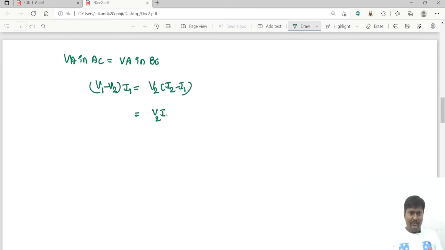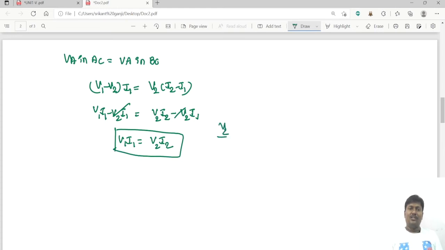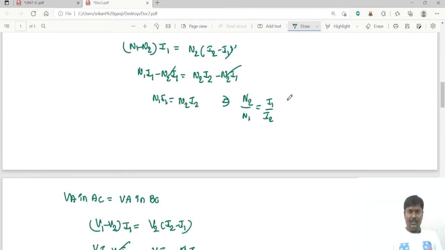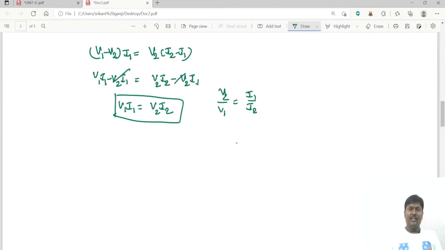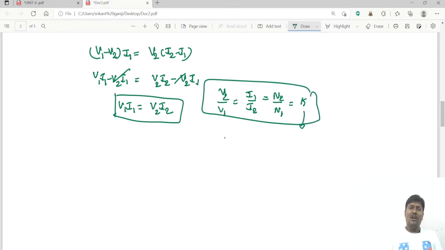So V2 I2 minus V2 I1 and V1 I1 minus V2 I1, and these two are cancelled. From this, V1 I1, the input volt ampere of the auto transformer, should be equal to the output volt ampere. So I got V2 by V1 is equal to I1 by I2. We already derived I1 by I2 is equal to N2 divided by N1, and N2 divided by N1 is equal to K, where K is called the auto transformer transformation ratio.